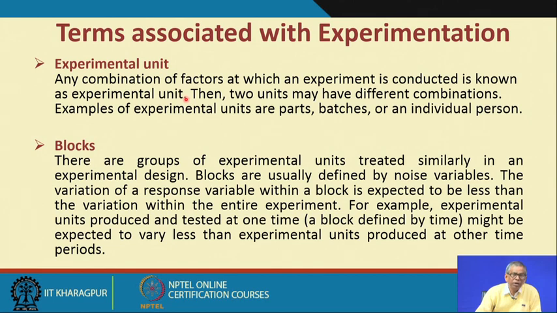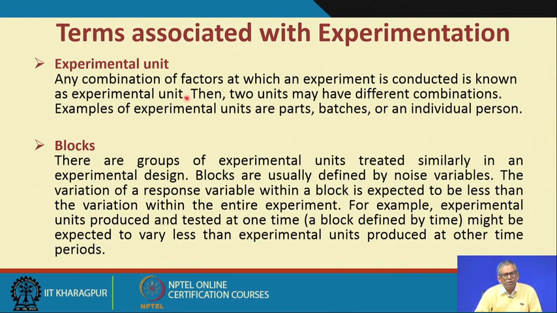Suppose there are three factors A, B and C, and you have chosen the high level of A, high level of B and high level of C. Under these conditions you want to measure the value of a particular output or response variable. So this is just one combination.